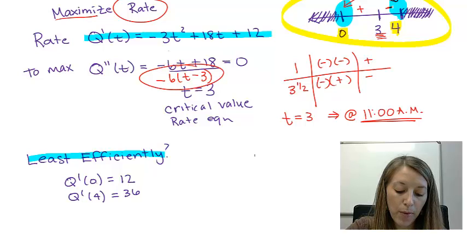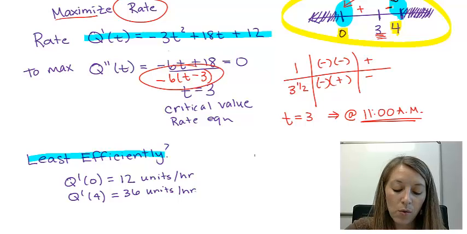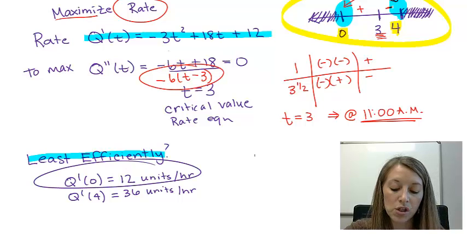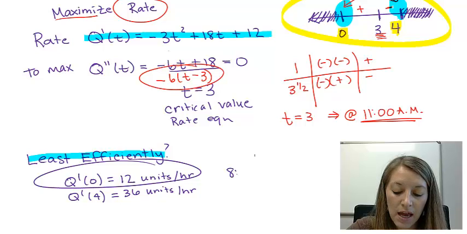So at q prime of 0, at the beginning of the shift, he's producing 12 units per hour. At the end of the shift, at noon, he's producing 36 units per hour. So if we want to figure out when he's working the least efficiently, then that's going to happen at the beginning of the shift when he starts at 12 units per hour. So 8 a.m. is when he is the least efficient.